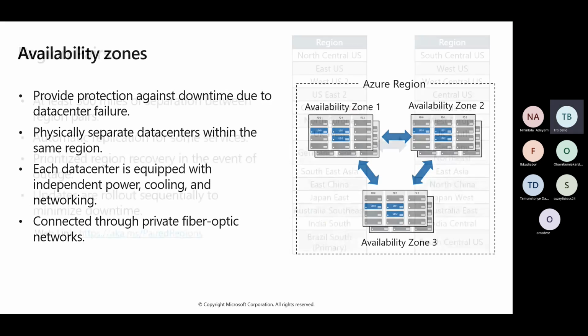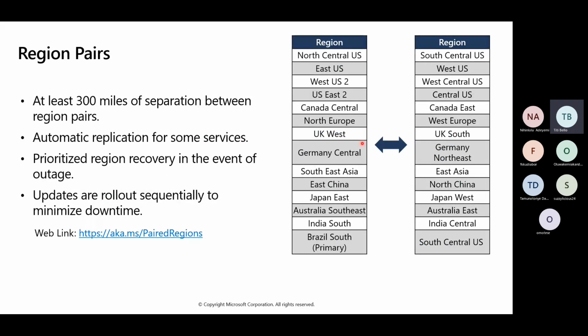So now moving on to region peers. I think I've already talked a little bit about region pairs. Each Azure region is paired with another region. Say for instance we look at the US. We have North US and South US.